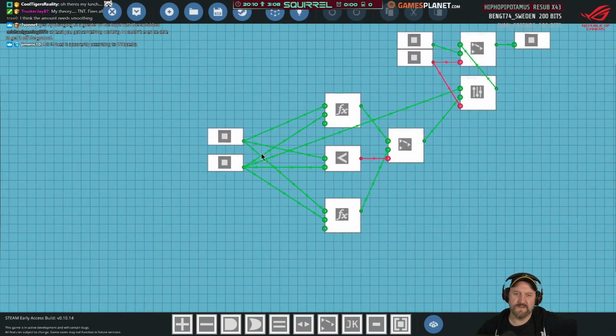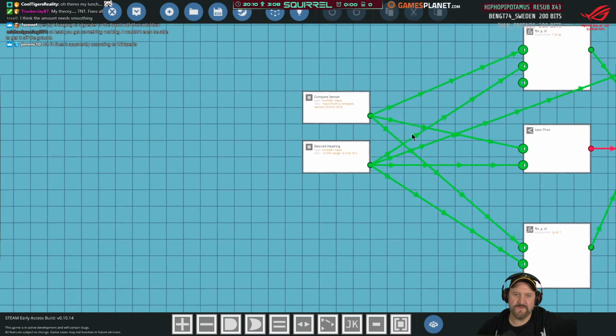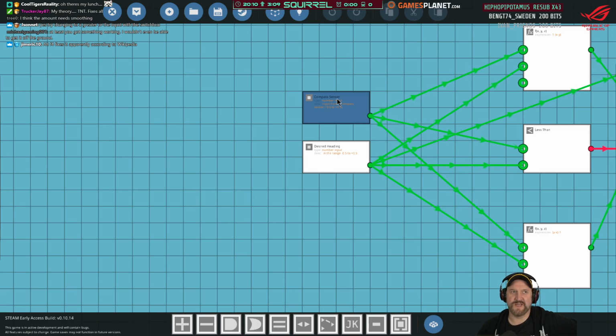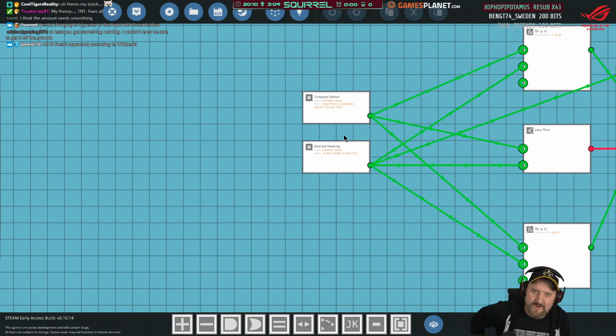I'm kind of thinking, why don't we just take these values and make them into something we can understand? Because at the moment we're dealing with minus 0.5 to plus 0.5. And I don't know about you, but I think it's hard to think in those terms.